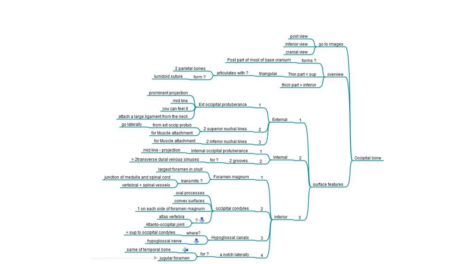If you follow the lines, it says number 1, there is an internal occipital protuberance, just like the external one we have just seen. And number 2, it has 2 grooves. For what are these 2 grooves? They are for transverse venous sinuses. We are not going that deep into the details of the cranial bones.